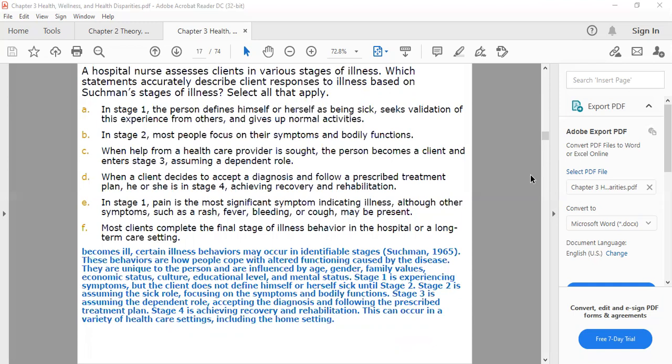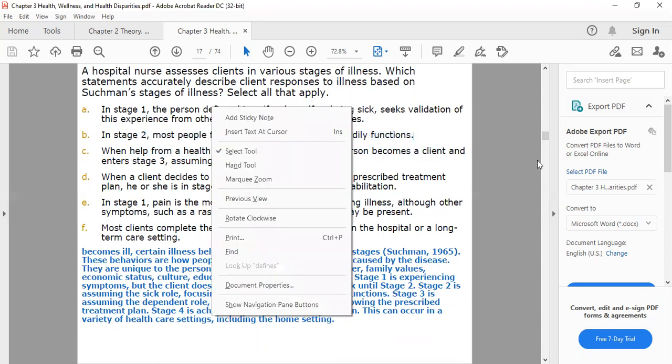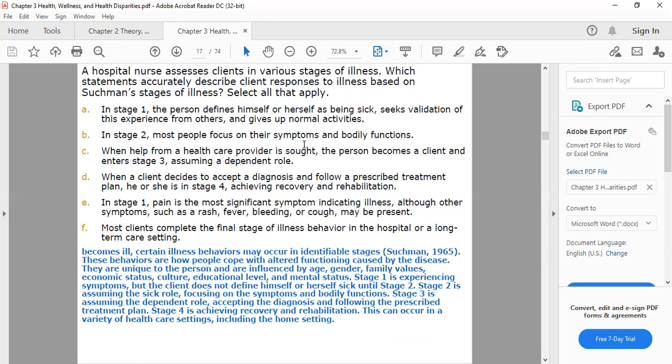I didn't highlight these, but those are the correct ones. Let's just highlight them so we have them. It's not going to work here probably because I'm not in my regular mode, but it would be B, C, and E. Okay, B, C, and E.